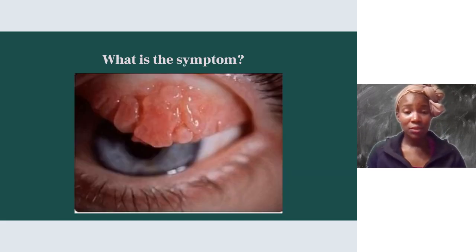What is a symptom for this one? What would your patient be complaining of? Itchy? Yeah. Burning, their eyes might be irritated. A sand-like feeling in their eye is a common one. Great job.